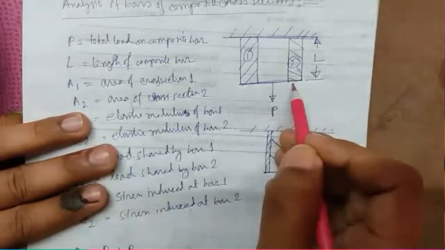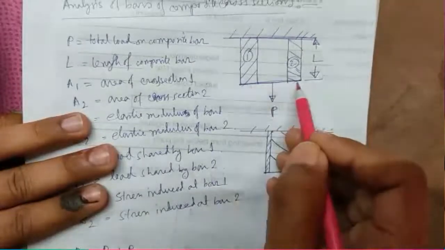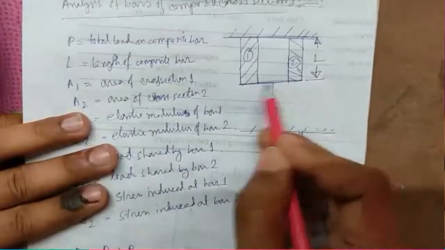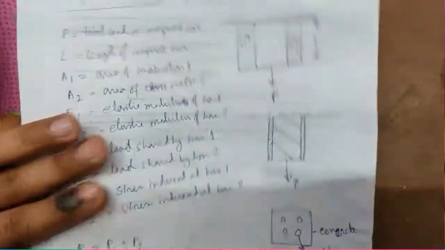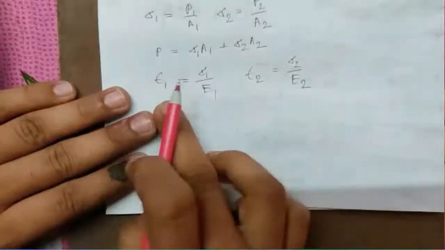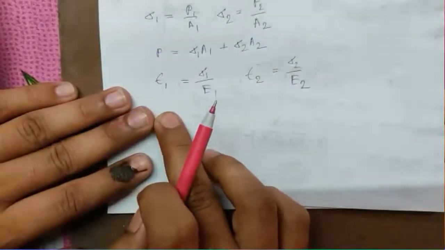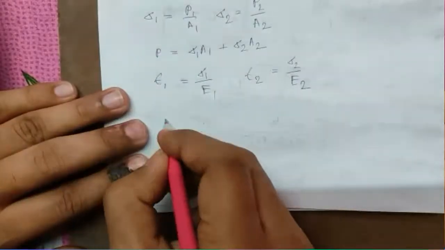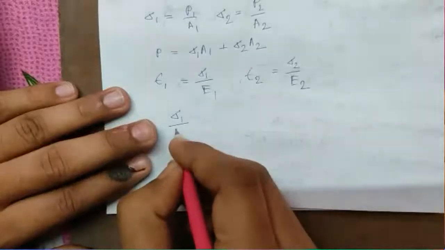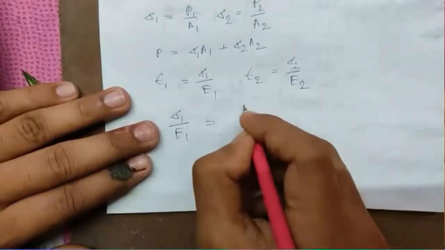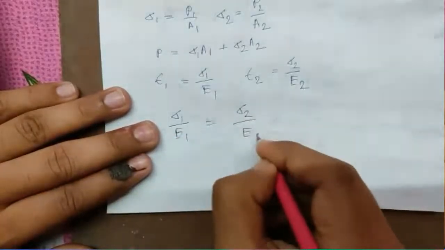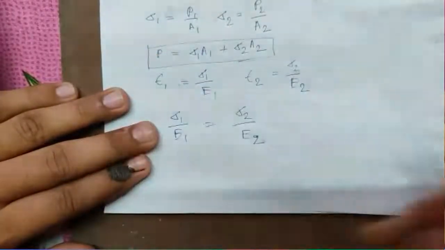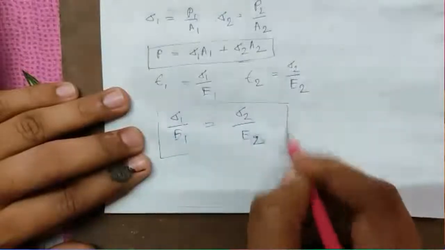So we can write that strain at bar 1 is equal to strain at bar 2, so sigma 1 by E1 will be equal to sigma 2 by E2. So this is one equation, this is another equation. With the help of these two equations, we will be able to solve this type of problems on composite bar.